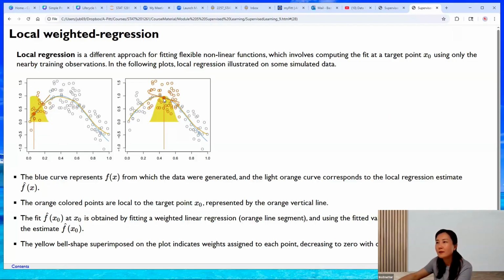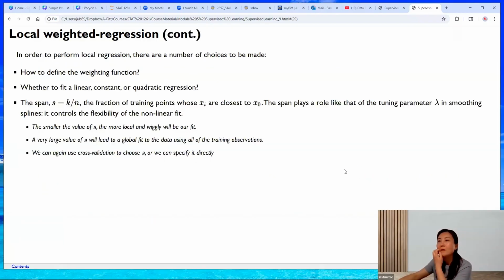So for example, for this point, it will use all of these to fit a model and do prediction. How to define the weighting function? We cannot talk about that now. Let's just take a look at the span. The hyperparameter span is used to define how big the window, the neighborhood, is.